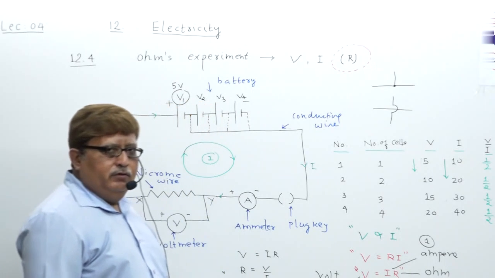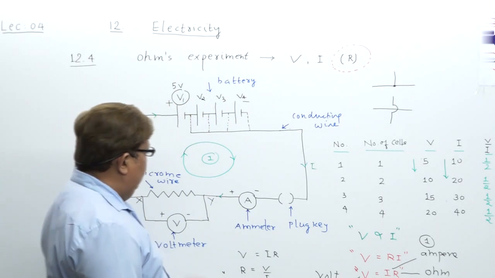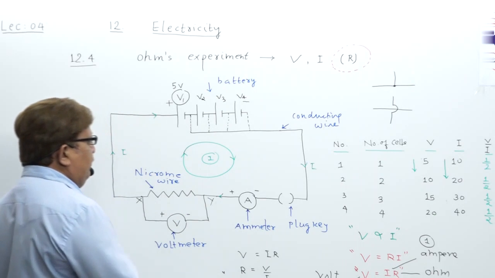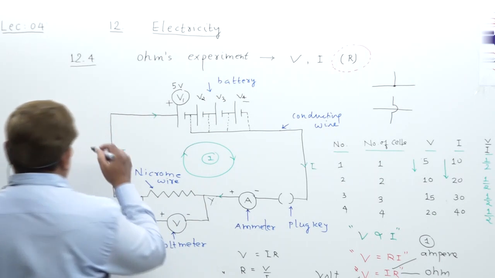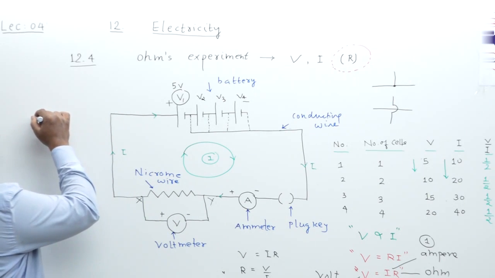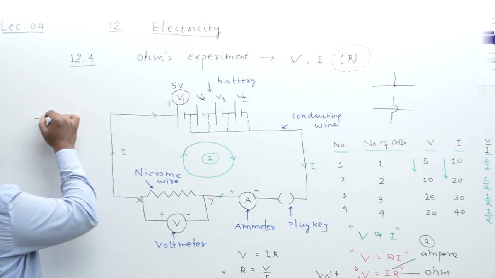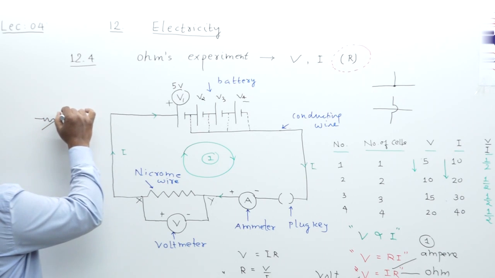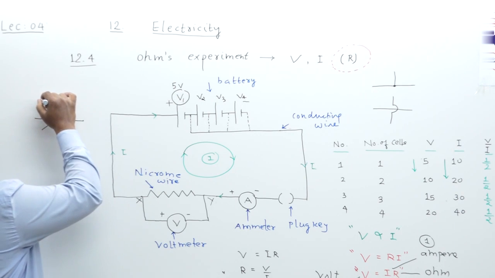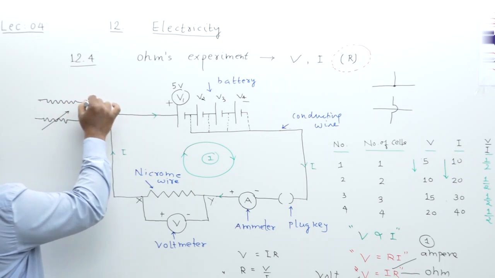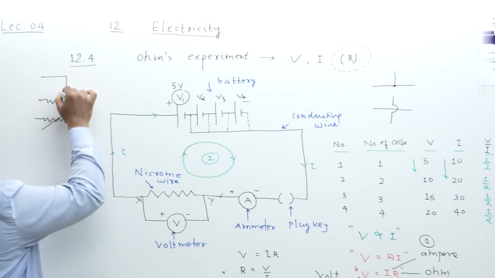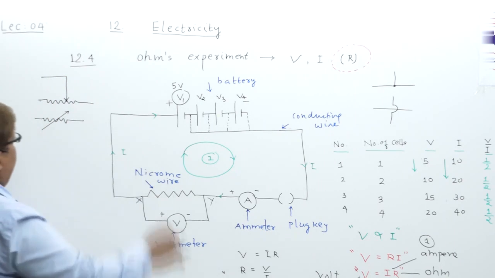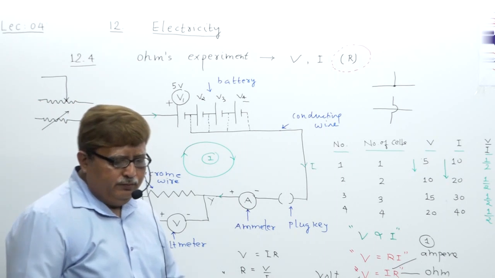Understand? So such symbols, sometimes this is the symbol of resistor. Okay. So sometimes you will show variable resistor also. Variable resistor has got this symbol. Sometimes variable resistor can also be shown this way. These are some symbols.